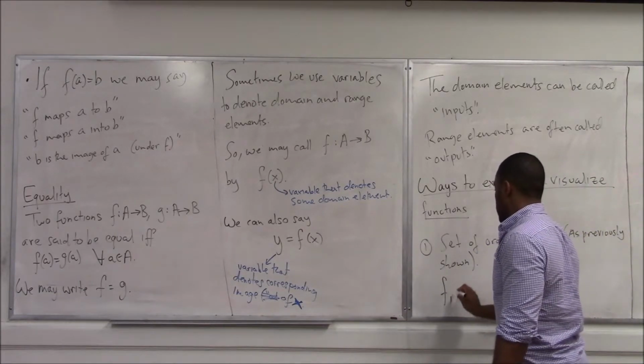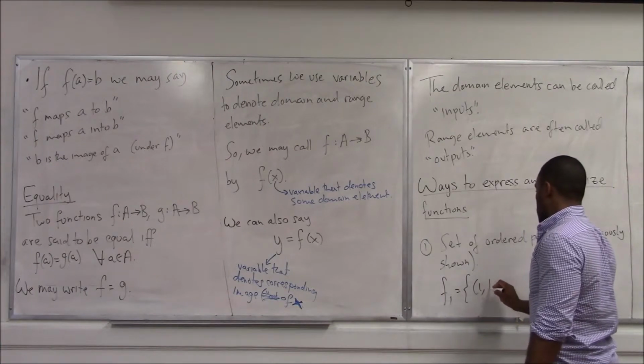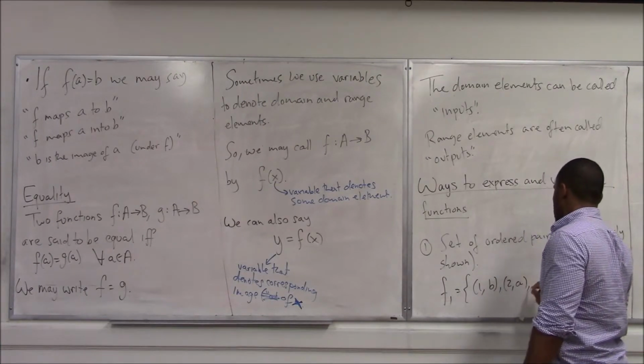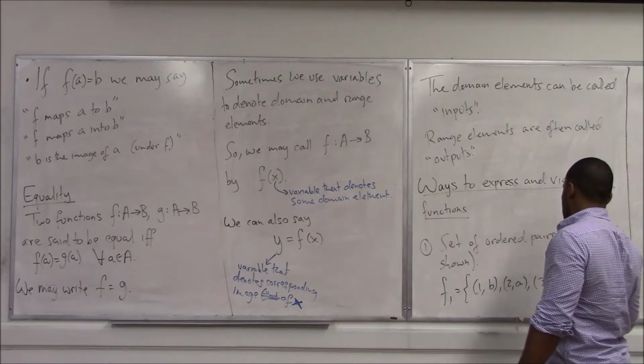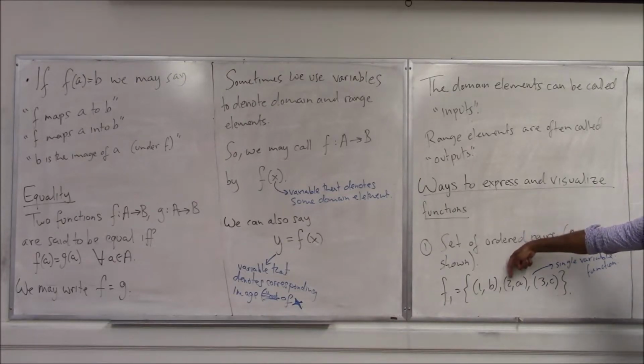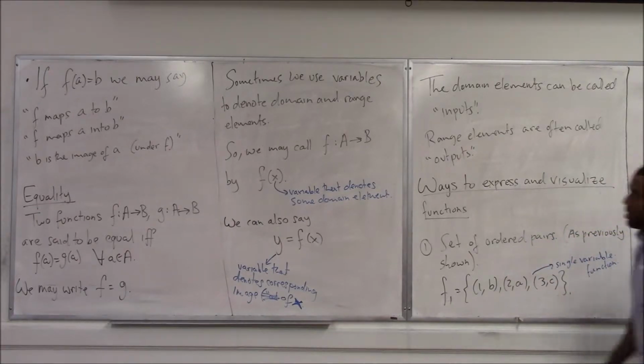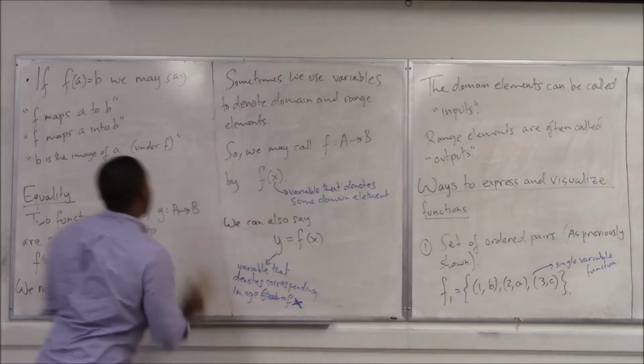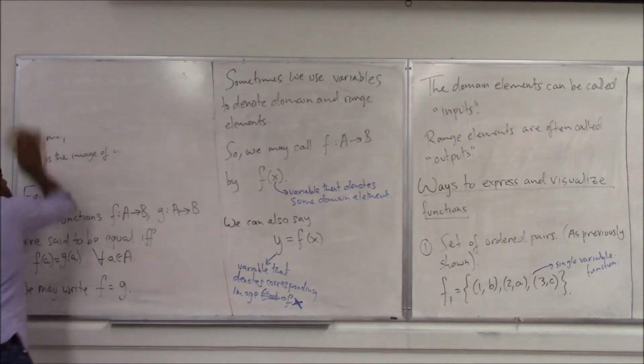So when we wrote f1 was equal to {(1,b), (2,a), ...}, you can just write a list of ordered pairs. This denotes what we call a single variable function, and we're not going to talk too much about multivariable functions here. But in multivariable functions, the elements in your pair can also themselves be ordered pairs, or maybe even larger things. But we're not going to get there for now, we're just keeping it basic. So a set of ordered pairs is one way to represent a function.